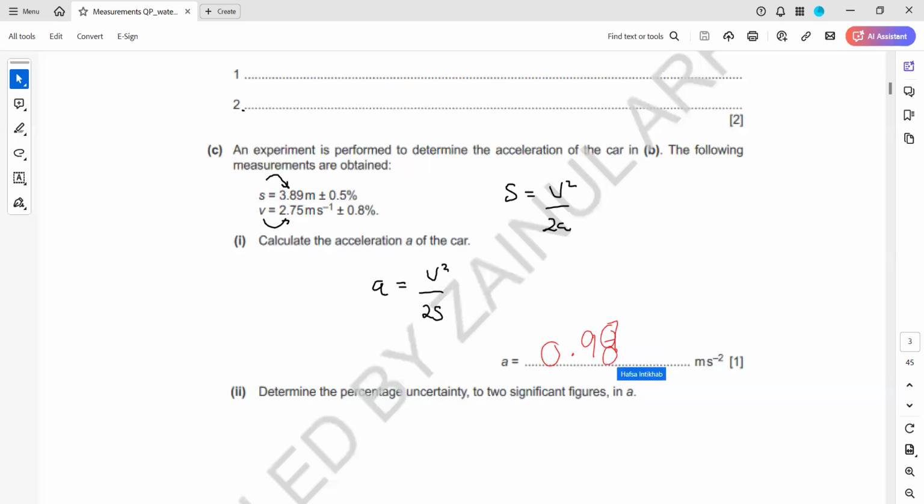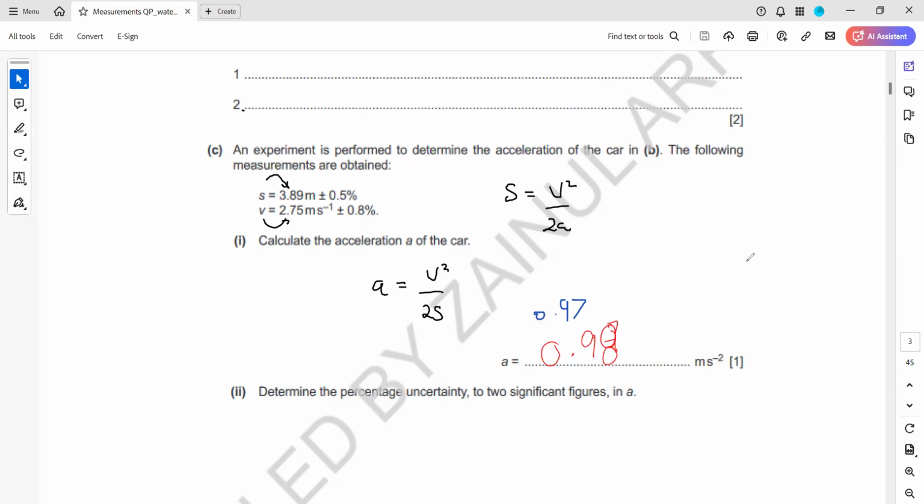So 0.98, okay. 0.97, 0.9, 1.94. No, it should not be 1, because it's v squared over 2s.